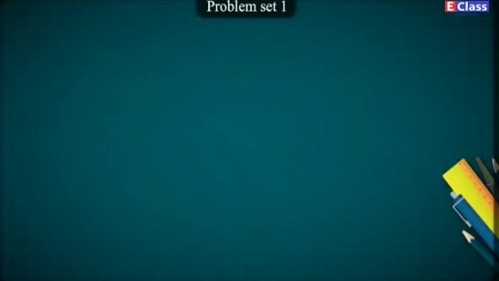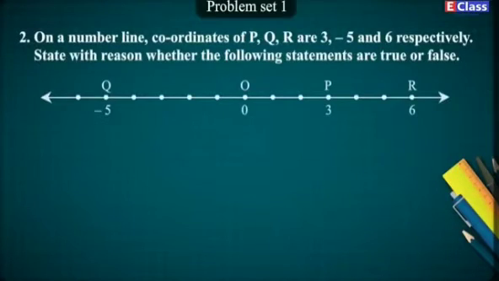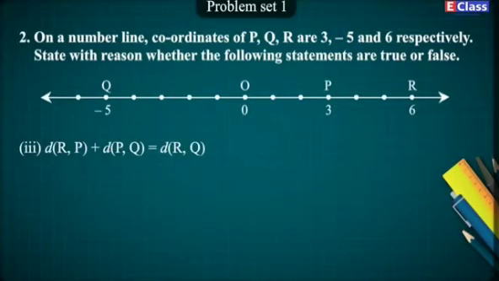2. On a number line, coordinates of P, Q, R are 3, -5 and 6 respectively. State with reason whether the following statements are true or false. 3. Distance of RP plus distance of PQ is equal to distance of RQ.